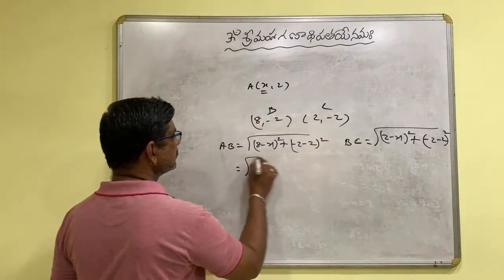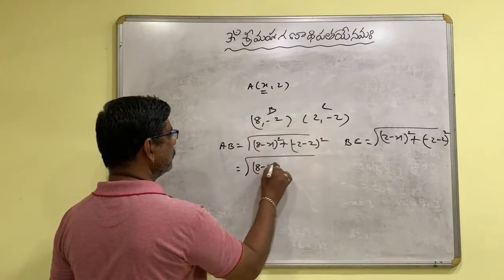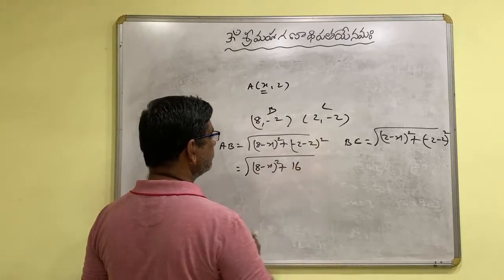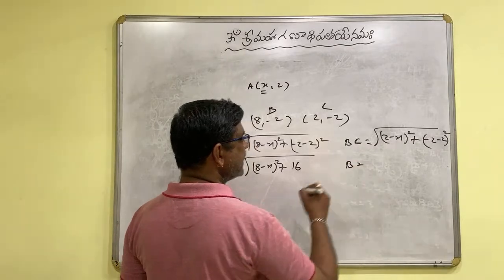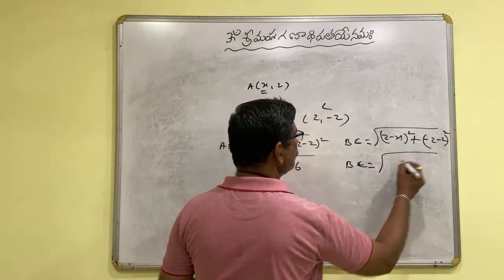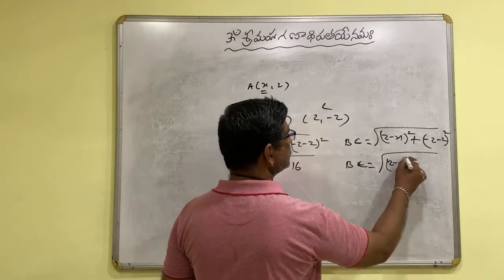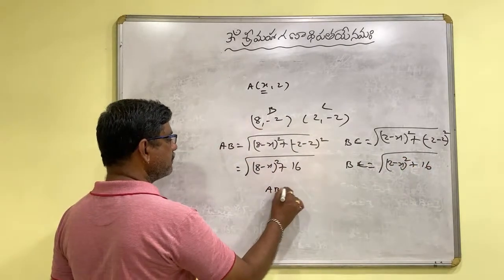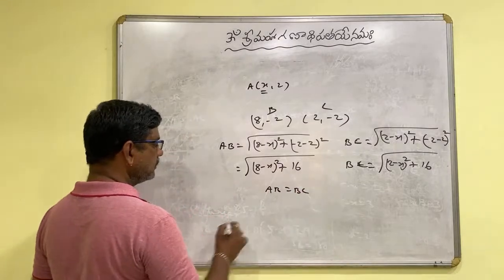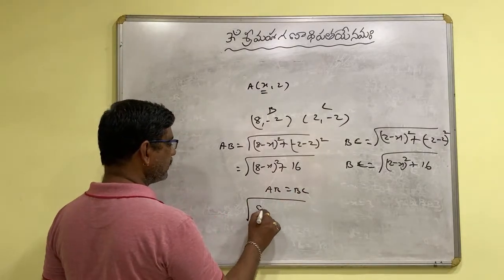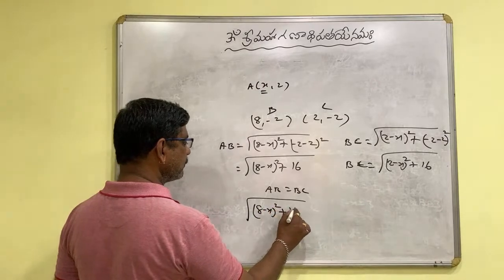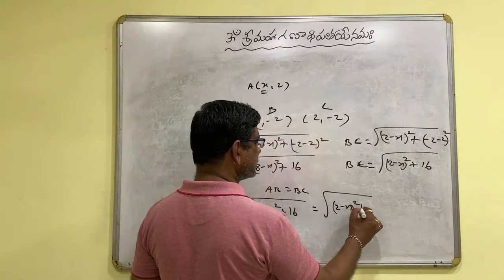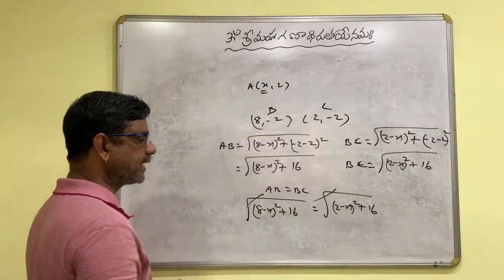Now simplify this. 8 minus x whole square plus it is negative 4, into 16. And what is AC? Root over 2 minus x whole square plus 16. Now given AB is equal to AC, that means root over 8 minus x whole square plus 16 is equal to root over 2 minus x whole square plus 16. Square roots cancel on both sides.